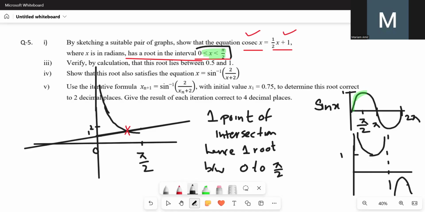Or you may write it in the form of an inequality. It's better to write it as an inequality: 0 less than x less than pi by 2.